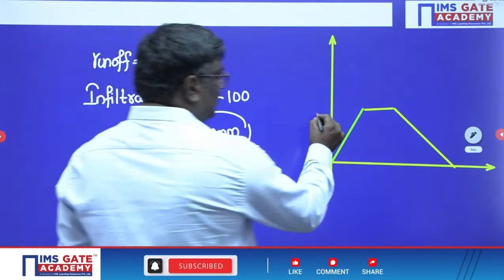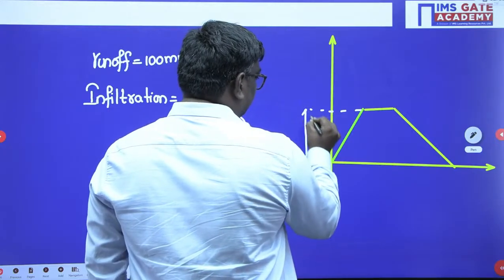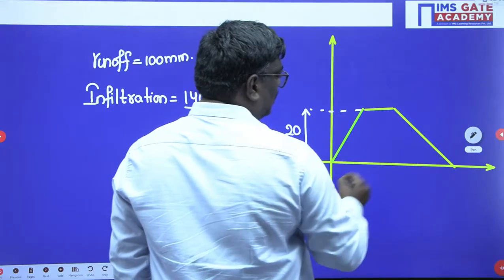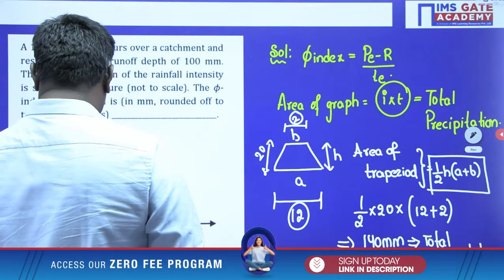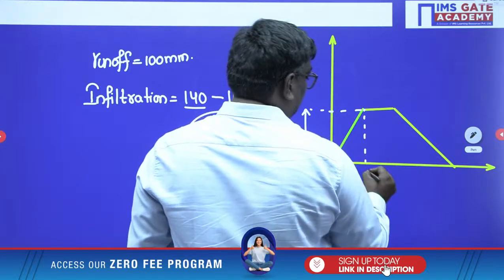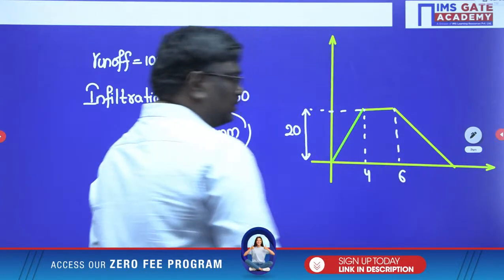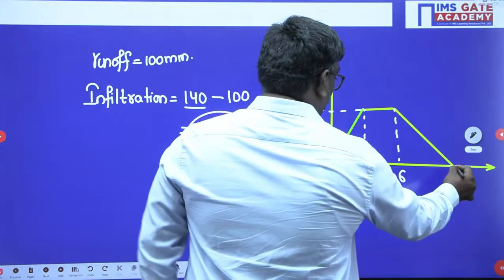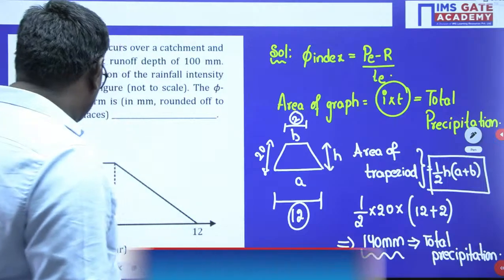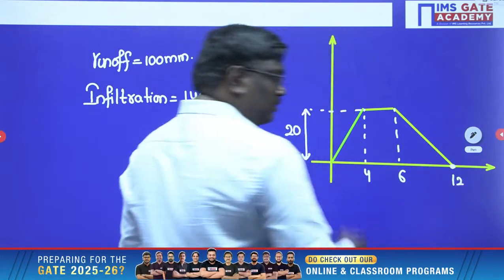So this value is how much, sir? If you see, this value is 20. And this value is 4 to 6, I think. Yes, sir. This is 4. This is 6, right? And here what is the value, sir, we have? That is 12, right? Okay. Now this is the diagram.